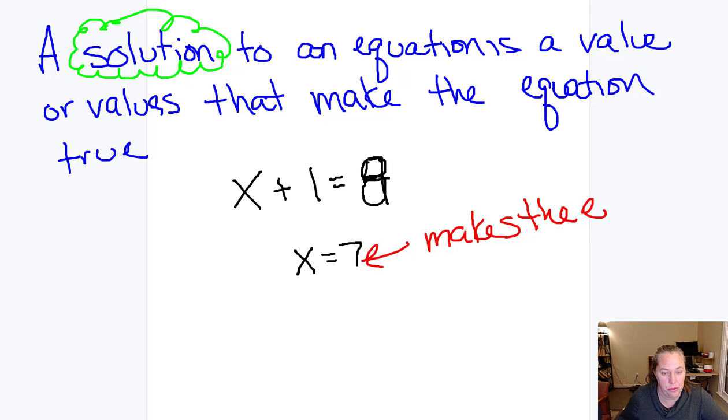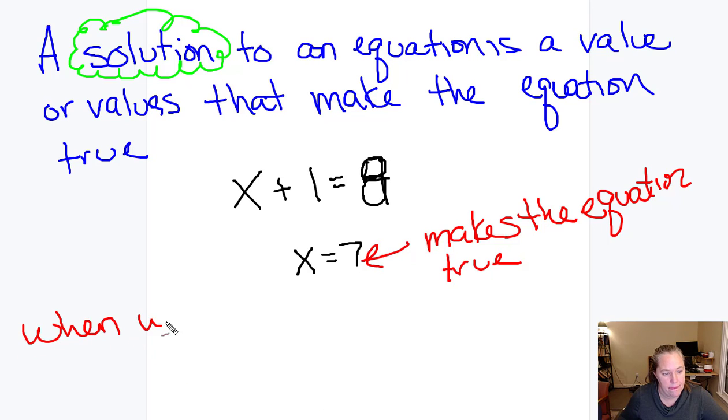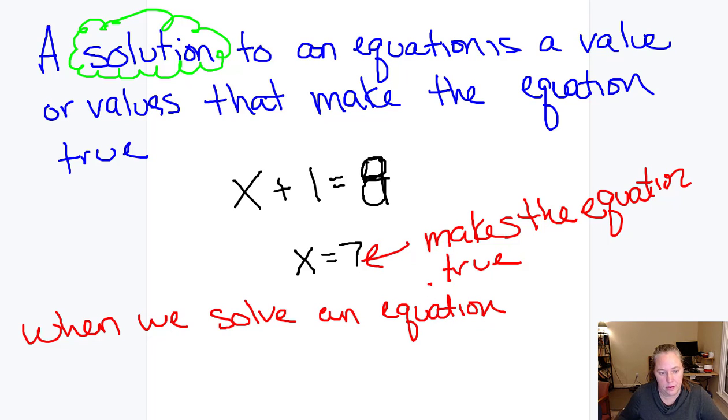Because 7 plus 1 is 8. So when we solve an equation, we are looking for values that make the equation true.